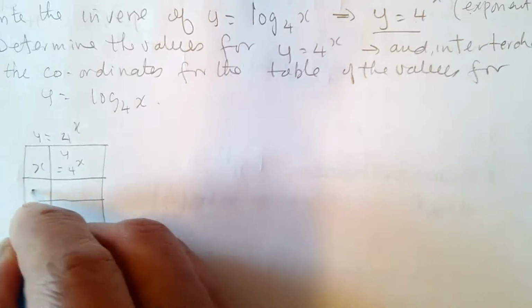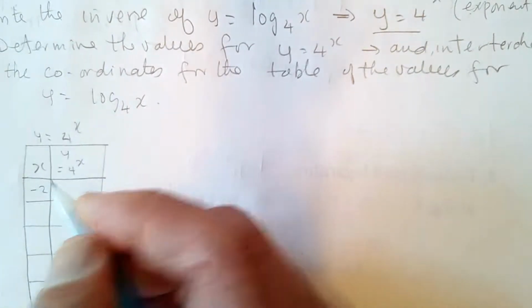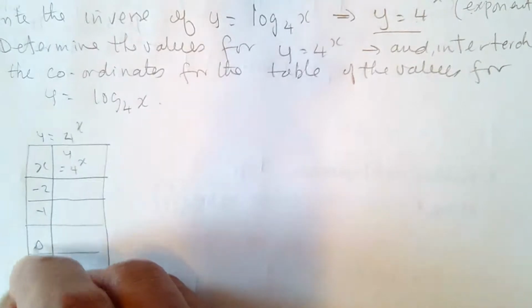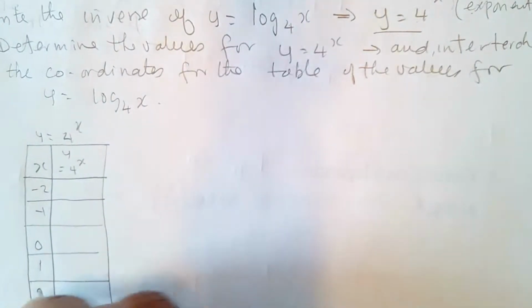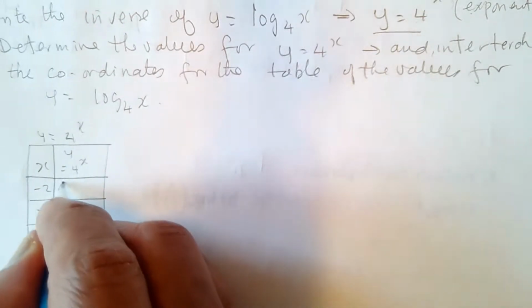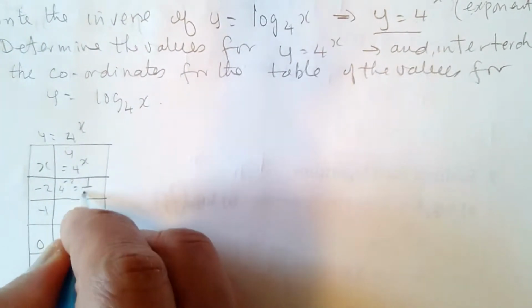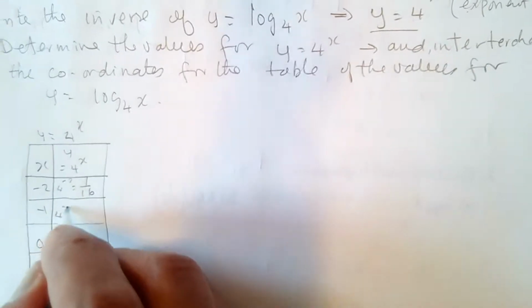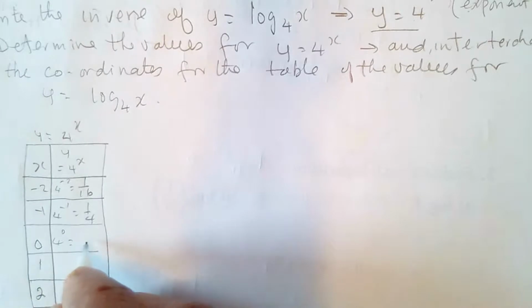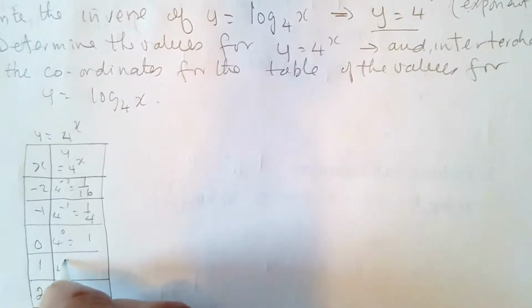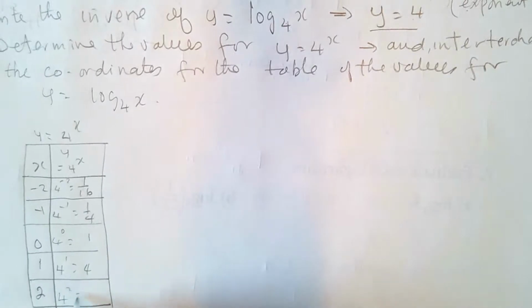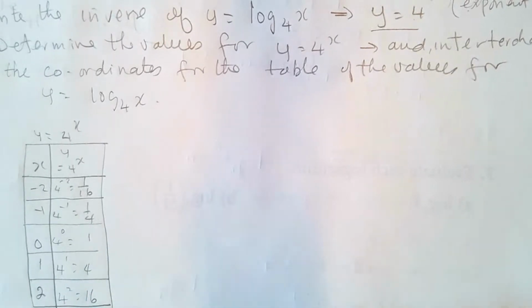Let's start with -2, -1, 0, 1, and 2. So 4 to the -2 is 1/16. 4 to the -1 is 1/4. 4 to the power 0 is 1. 4 to the 1 is 4. And 4 to the 2 is equal to 16.